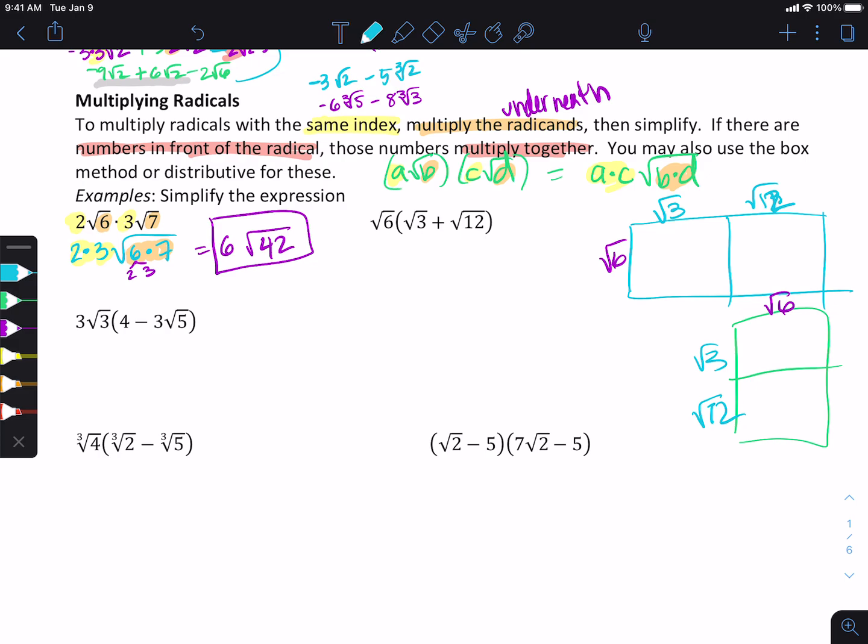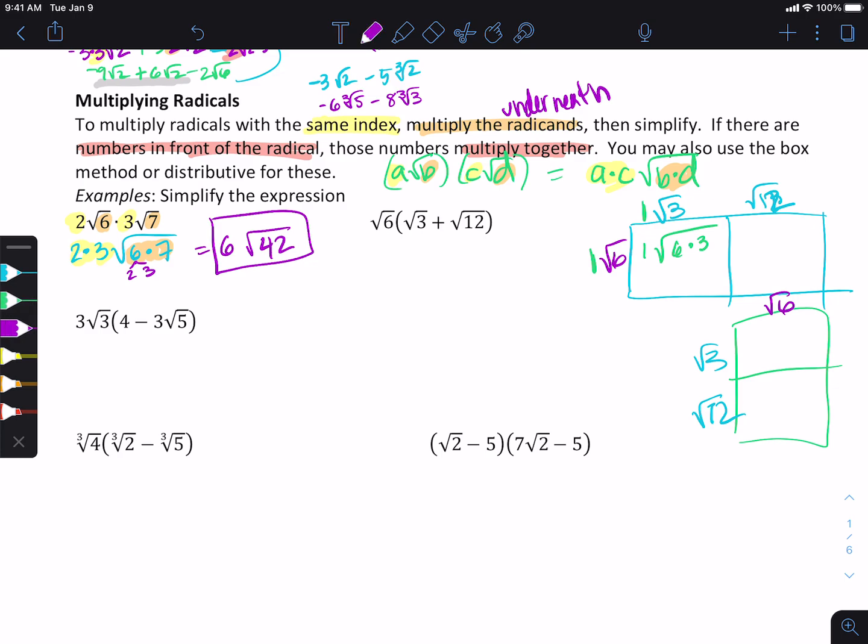Okay? Again, you're still going to do the same thing where you multiply what's outside. Now, in this case, we have unsaid ones here, right? So now in front, we have the 1 times the 1, which is just the 1. Underneath, we have the 6 times the 3. And again, I'm just going to write it as 6 times 3.